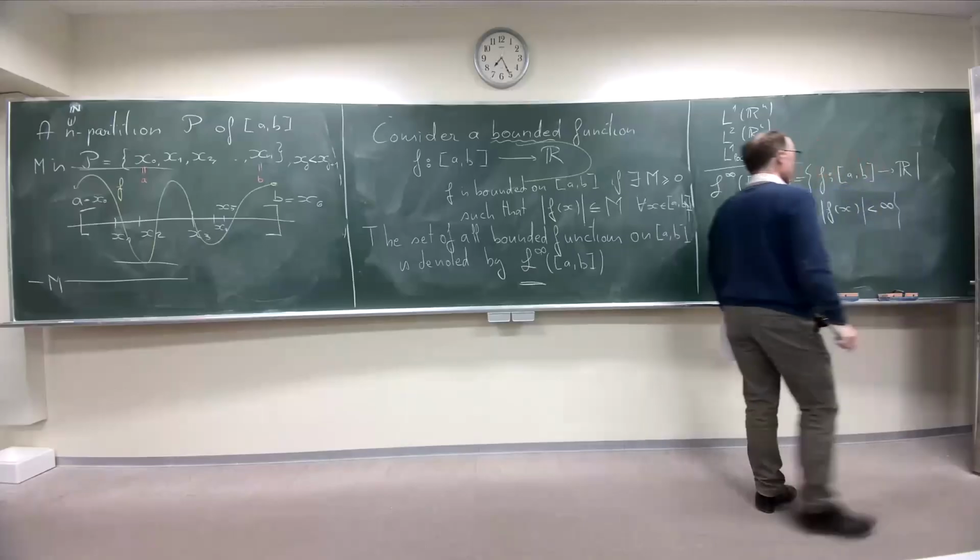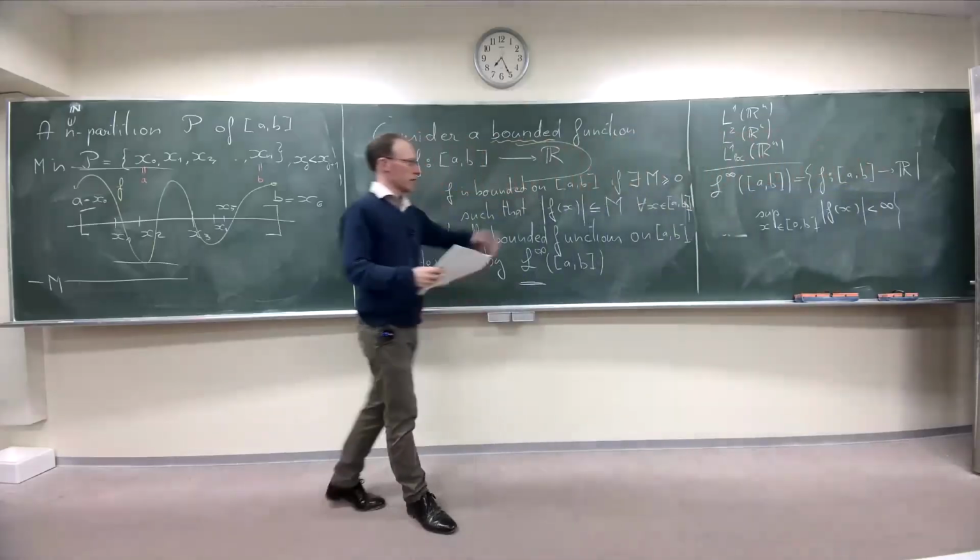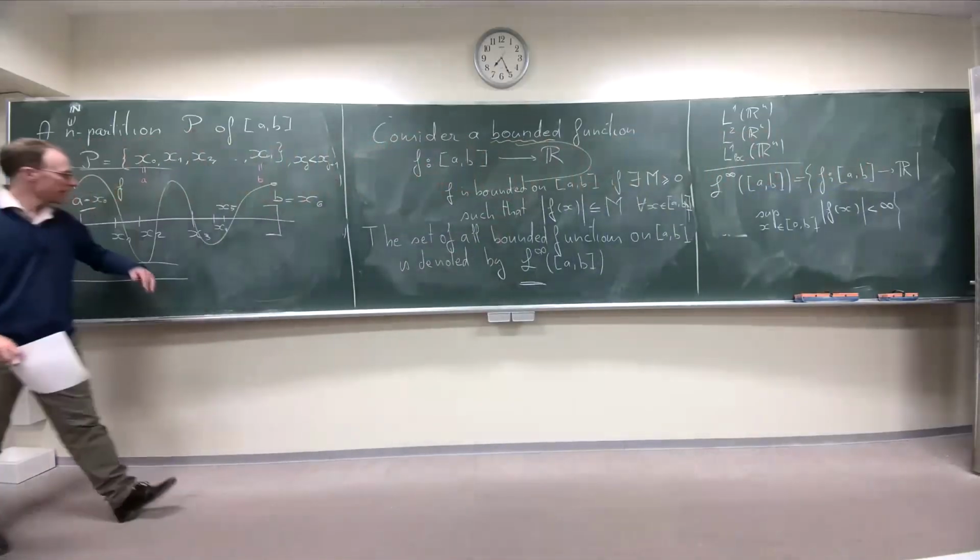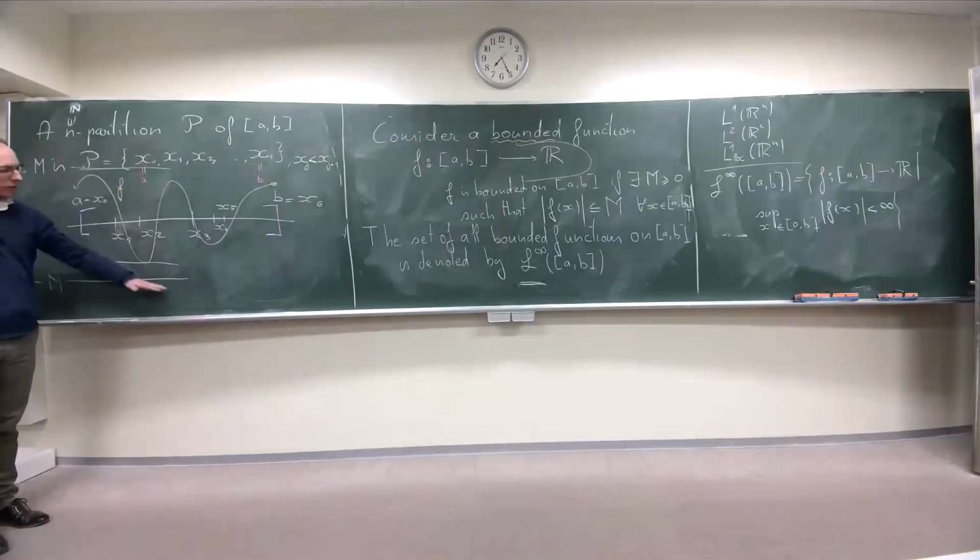You can check it's the same. Because if it is finite, it means there exists M which is bigger than all possible values of F. So this is a set of bounded functions.